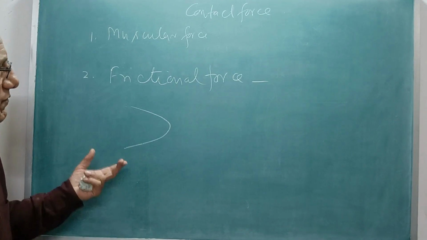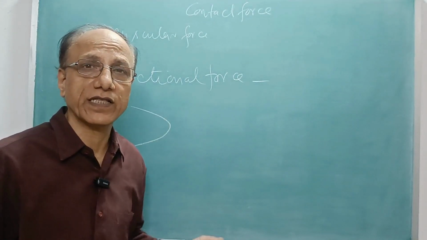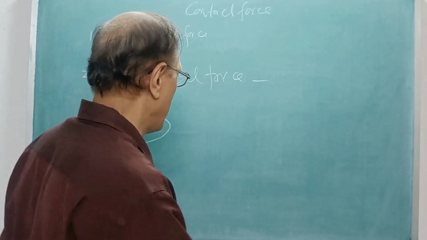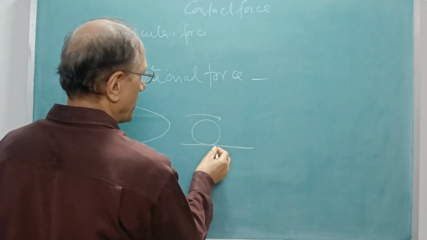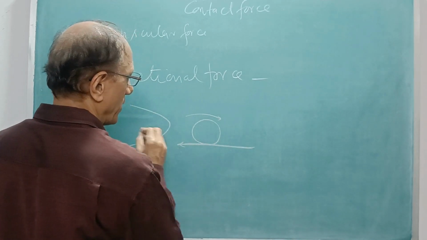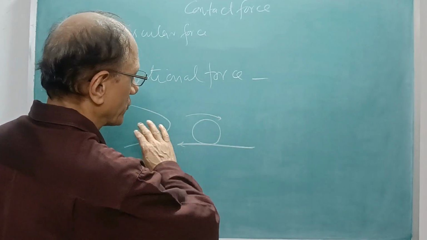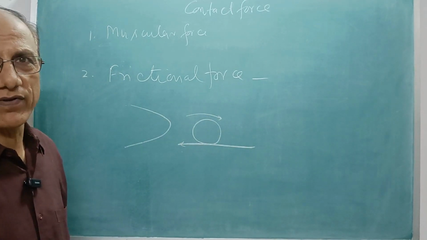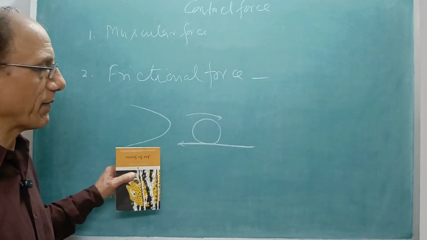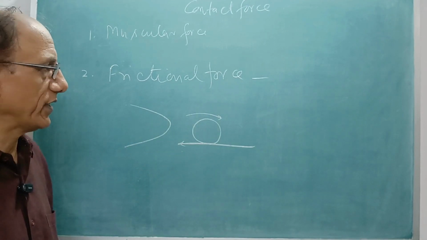So that means this frictional force is always in the opposite direction of the motion. If this is moving this way, the frictional force will be in the opposite direction, and this body will stop after some time if you do not continuously apply force on it.